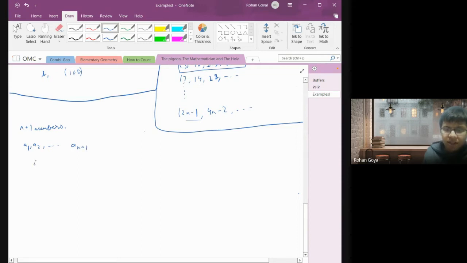Show that you can find i and j such that a_i plus 1 plus dot dot dot a_j is divisible by n.